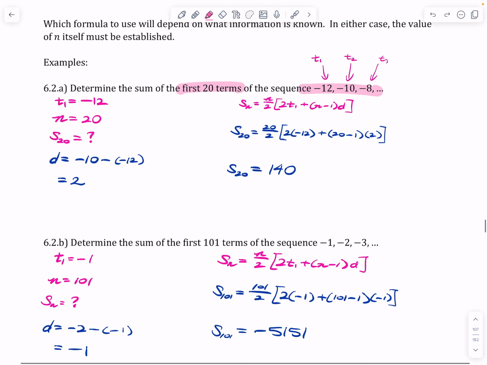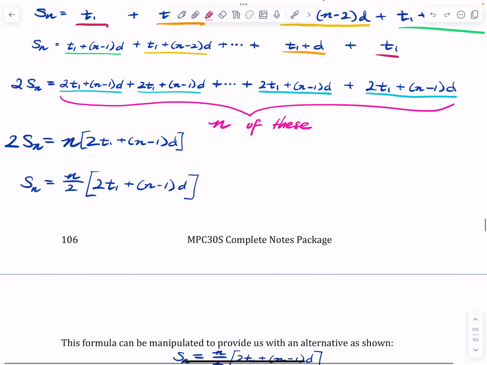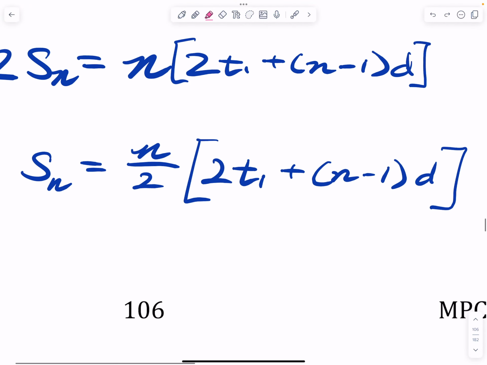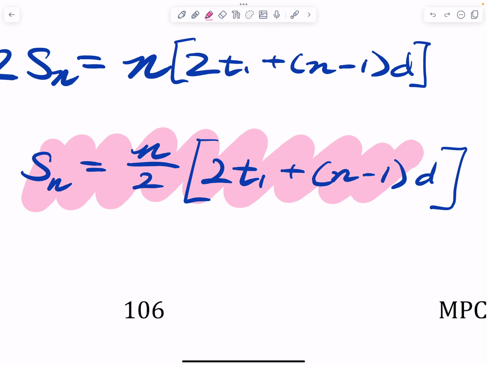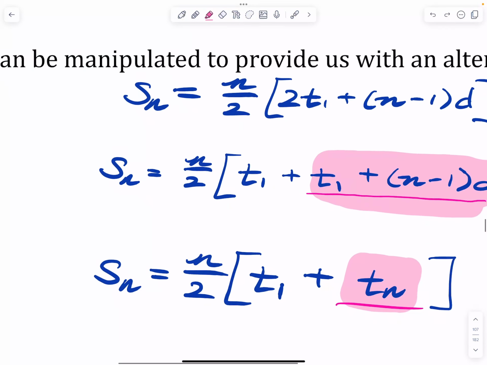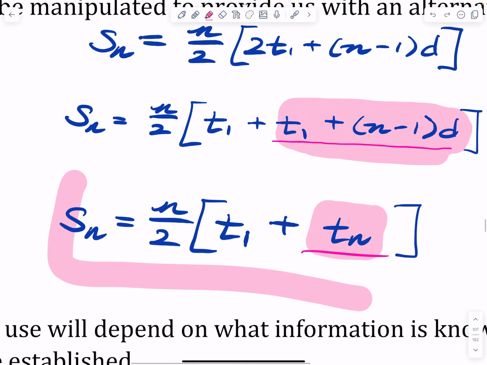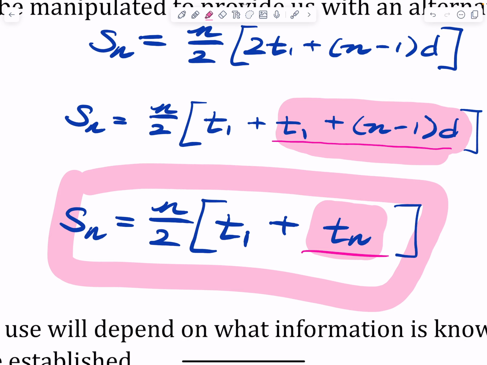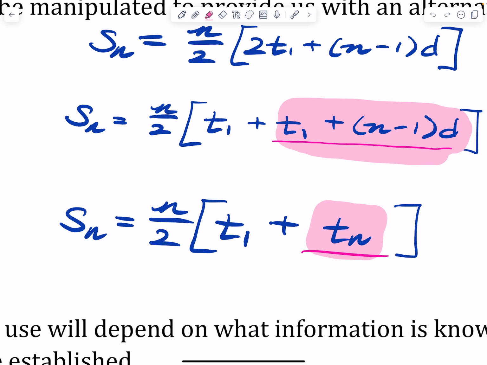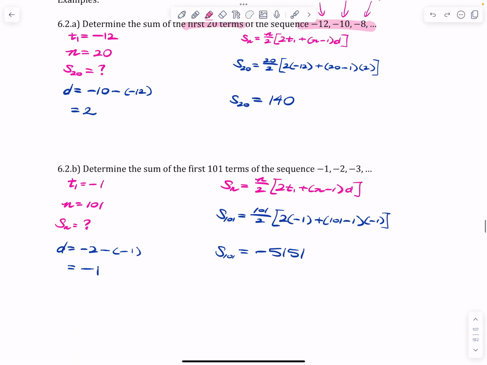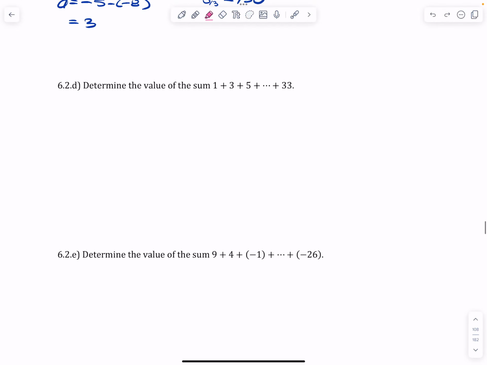The formulas we have are this one, which is, of course, provided to you on any tests or quizzes. And then we use that to develop this other formula, which again is provided to you on any tests or quizzes. So let's tackle these last two examples, just going through what we know and what we need to find.